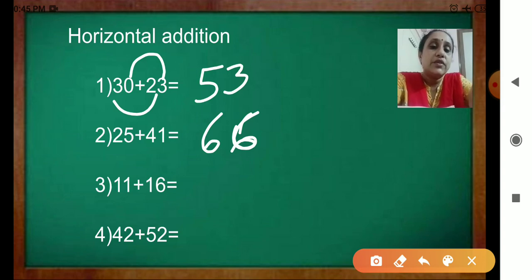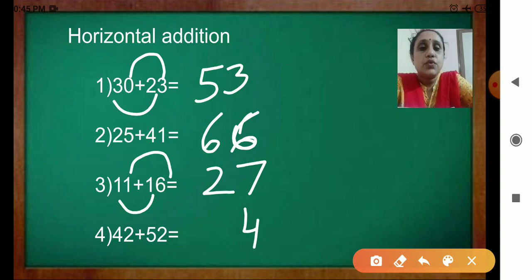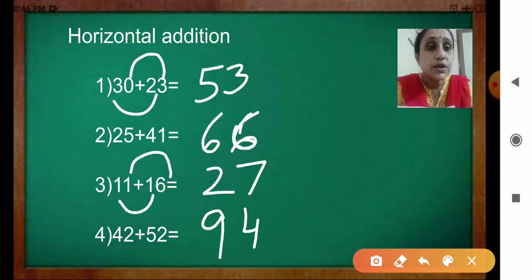Then again 11 plus 16, ones place, 1 plus 6, 7, and tens place, 1 plus 1, 2. Now the last one, 2 plus 2, 4, and 4 plus 5, you will get 9. So understood? You will add the ones first and then the tens.